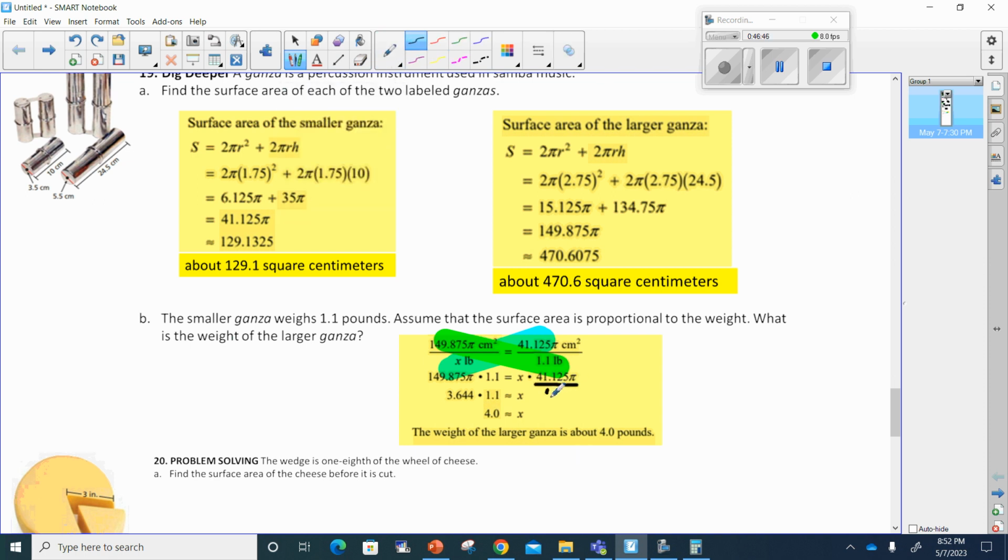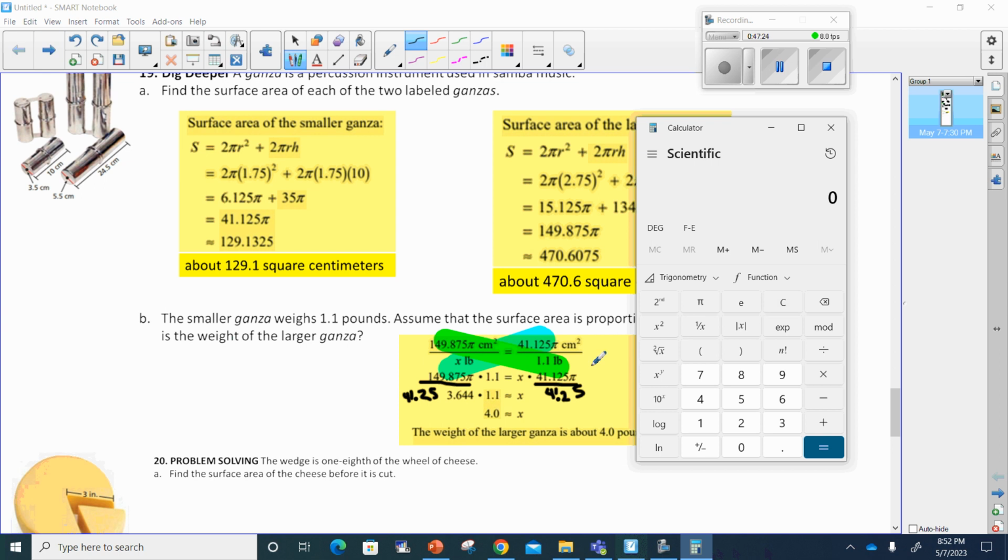They divided this away, and they went ahead and divided this number by it because they both had the same pi, right? When you do that, you're going to get 3.64.